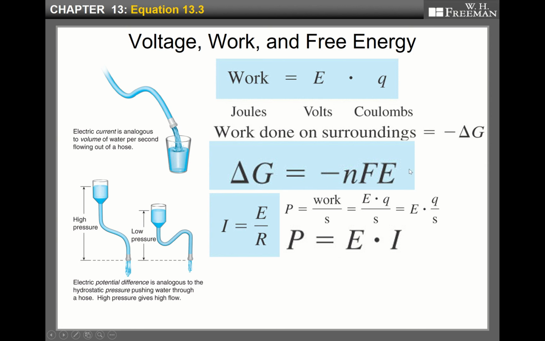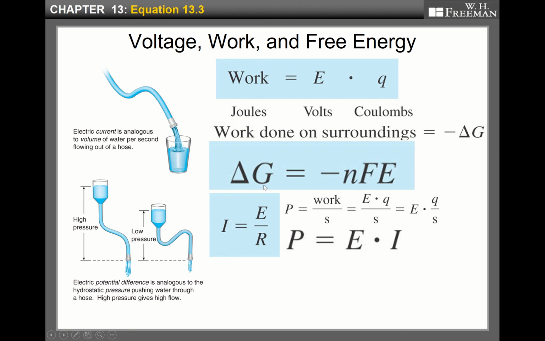It implies many things, because if delta G is greater than 0, that reaction does not occur spontaneously. If delta G is smaller than 0, then that's a spontaneous reaction.